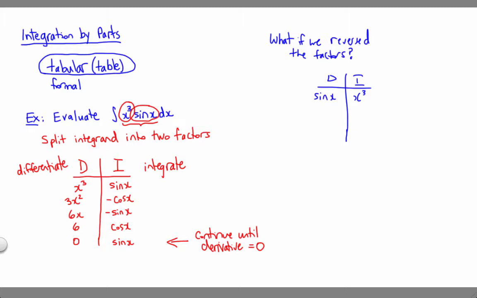Well, if we started with sine x and took some derivatives, we get cos x, we get negative sine x, etc. And as we continue this, we would never reach derivative equals 0.